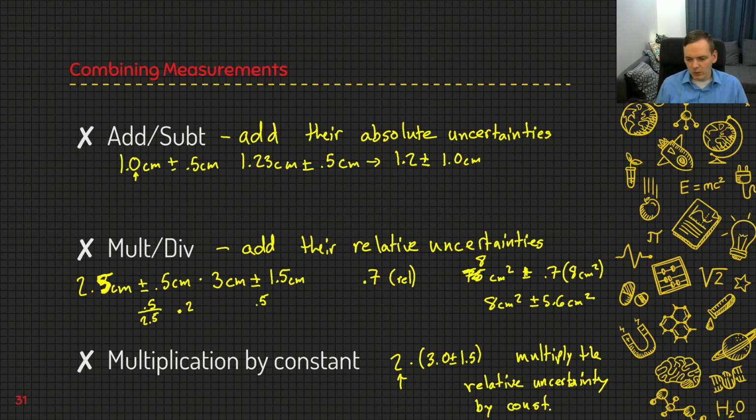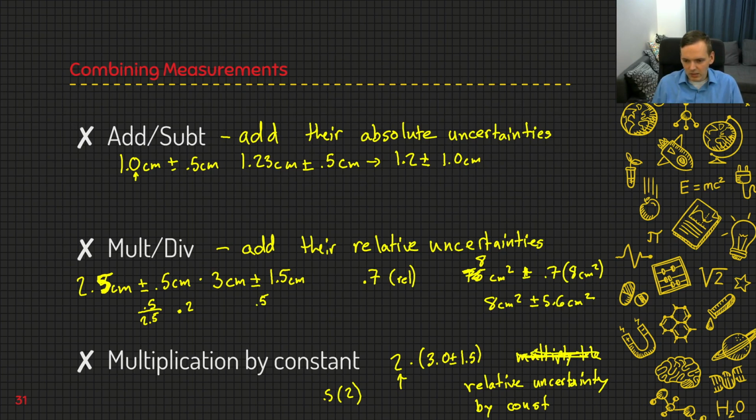And we'll practice these rules. You'll get comfortable with them as we go on. So in that example, the relative uncertainty was 0.5. And so because I've doubled this, I'm going to multiply by 2. Let me double check that because my brain is for some reason feeling like that's not right. Yeah, sorry, that's totally not right.